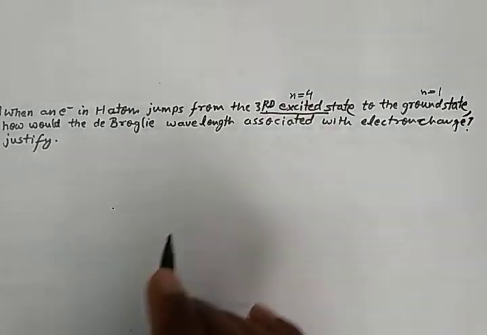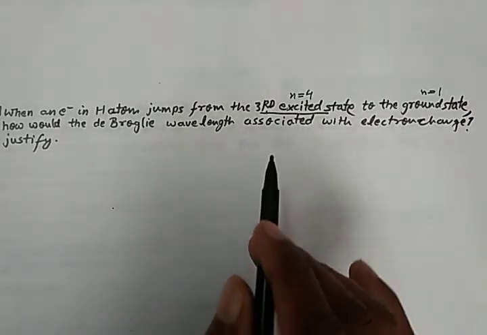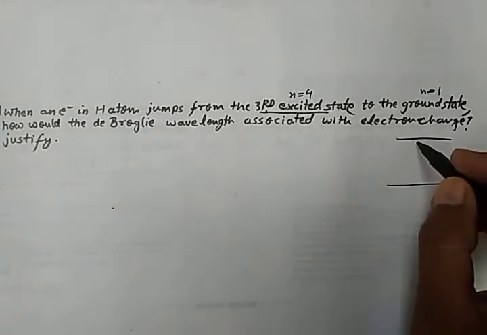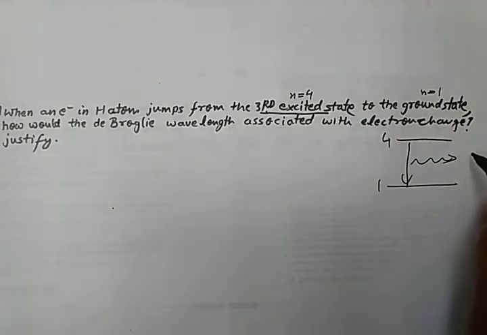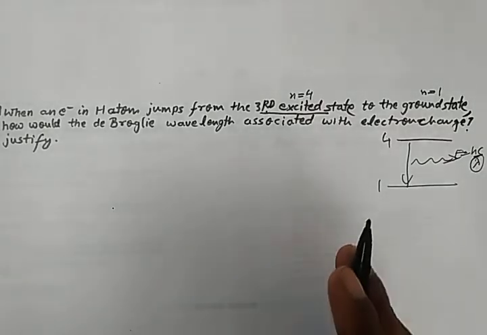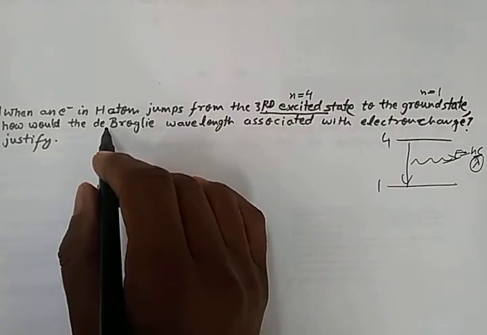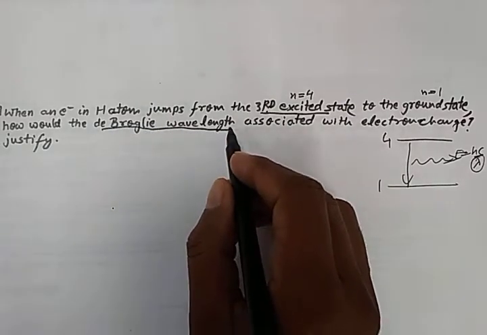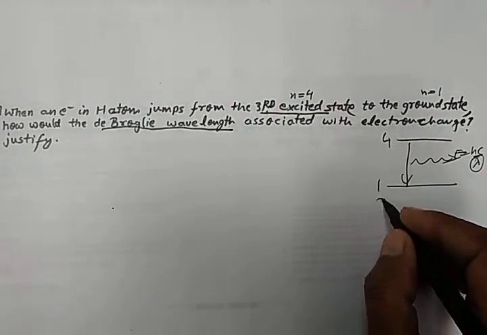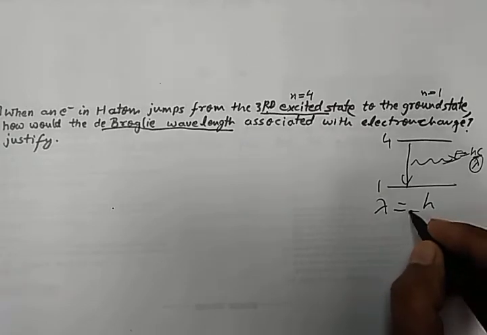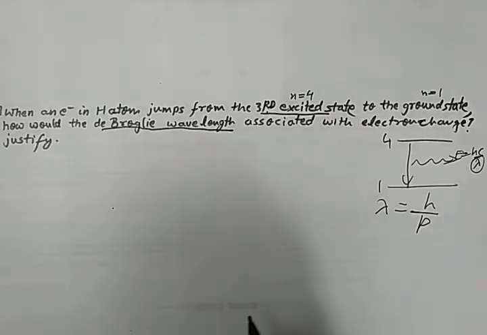Actually, this time any student can think about this jump 4 to 1 and the emitted radiation, and can think that E equal to hc by lambda, and they are talking about this lambda. No, they are not talking about this lambda, they are talking about the de Broglie wavelength, and that is directly related to h by p, the momentum of that electron.